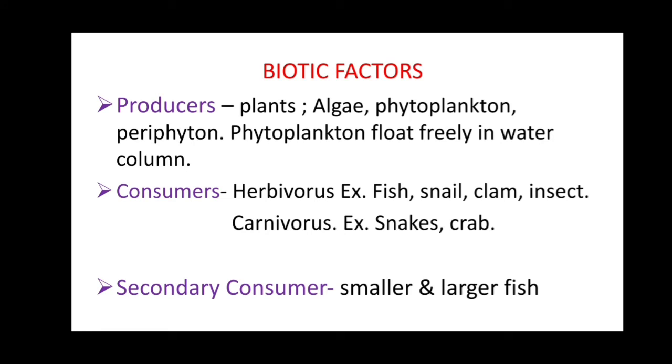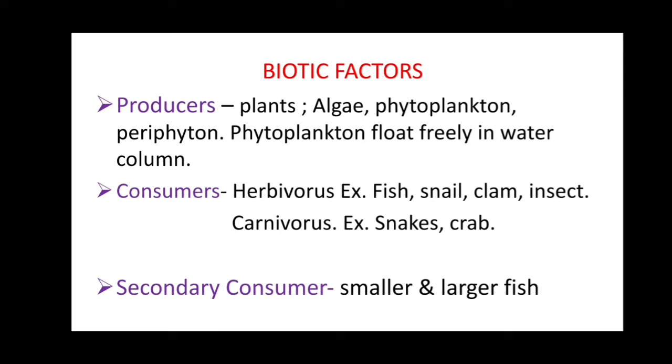Again, the next is the biotic factors. The producers are the plants: algae, phytoplanktons and periphytons. Phytoplanktons float freely in the water column. As we know, producers are organisms that synthesize their own food via photosynthesis. On producers, consumers depend for their nutrients. The consumers are the herbivores, for example fish, snails, clams and insects.